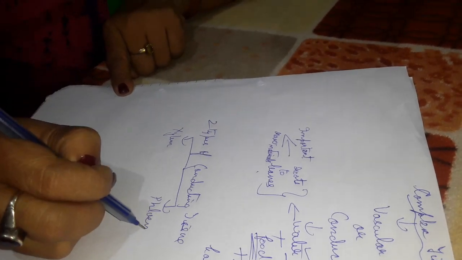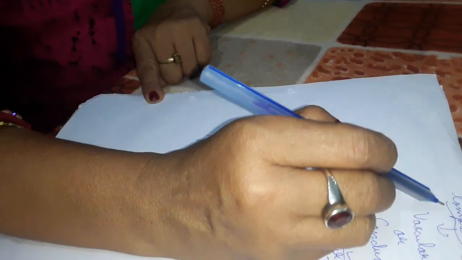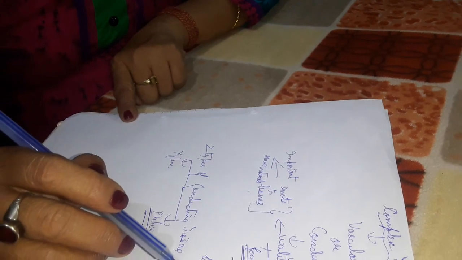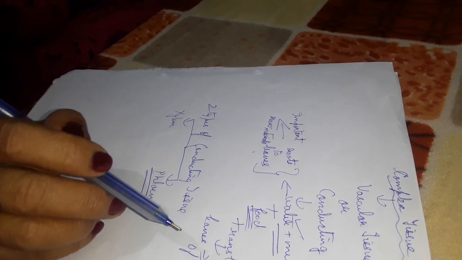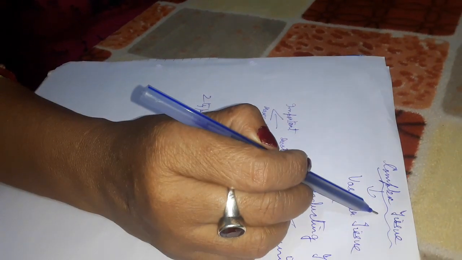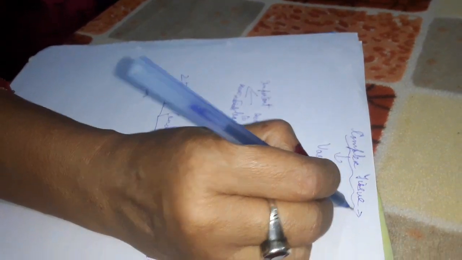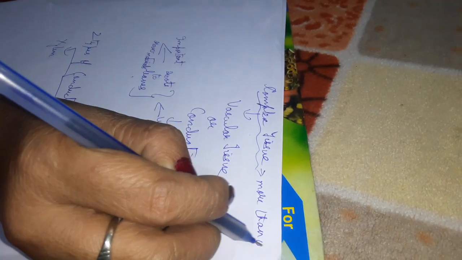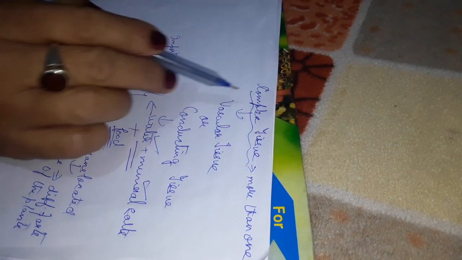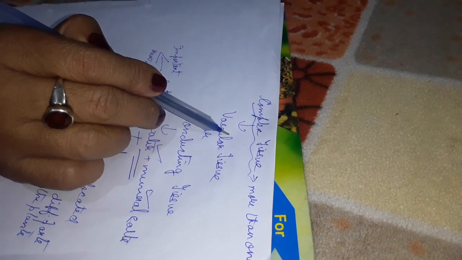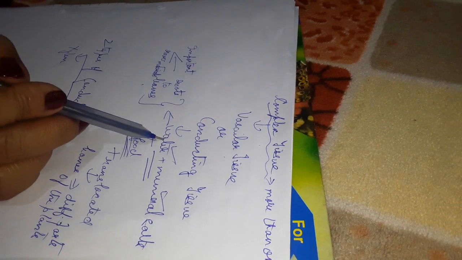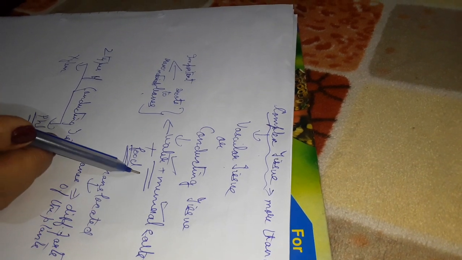As discussed earlier, suppose you are asked why they are called complex tissue? Because they are made up of more than one type of cells. If you are asked why they are called vascular tissue or conducting tissue, then you have to say because they help in the transportation of water and mineral salts and food.